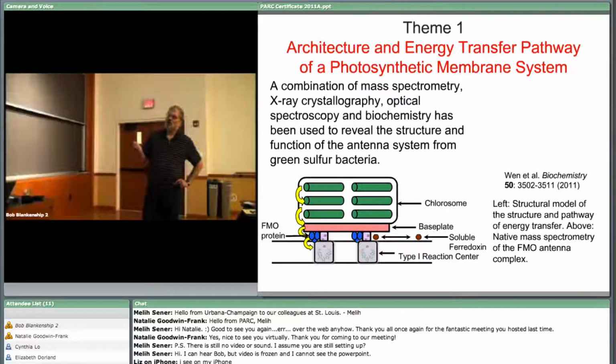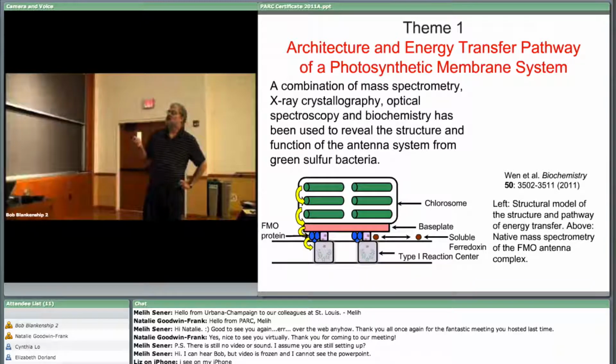These are organisms that live in very low light environments, and so they have a giant antenna, like a huge satellite dish, and are able to live under very, very low light intensity.